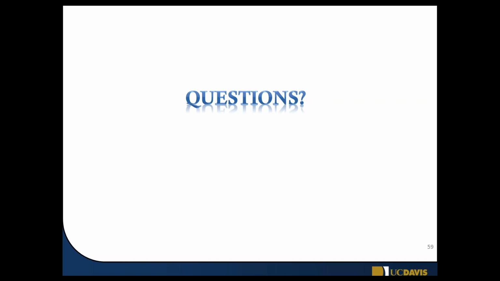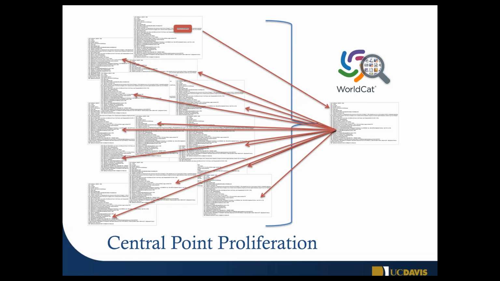So this is another topic Carl Stemmer talked about in his presentation, which I can probably show you quickly. I knew this may come up, so I copied his slides. So this is the current environment. We all do the work in OCLC and get authority strings, and then we populate our own records. He has a very good title there, central point proliferation.